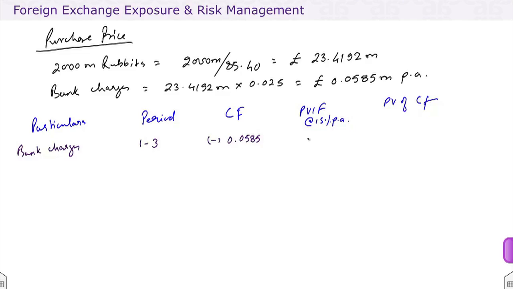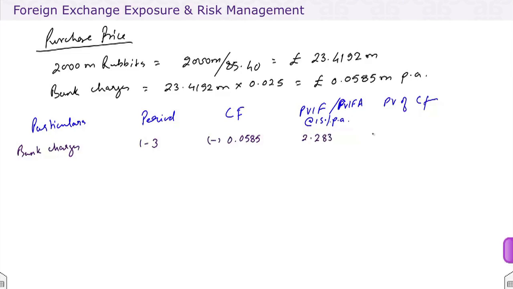The present value factor at 15%, in this case is 1 to 3 years, so we can take an annuity factor. Let me just put it as a slash here. So present value interest factor of an annuity. In this case the annuity factor would be 2.283.